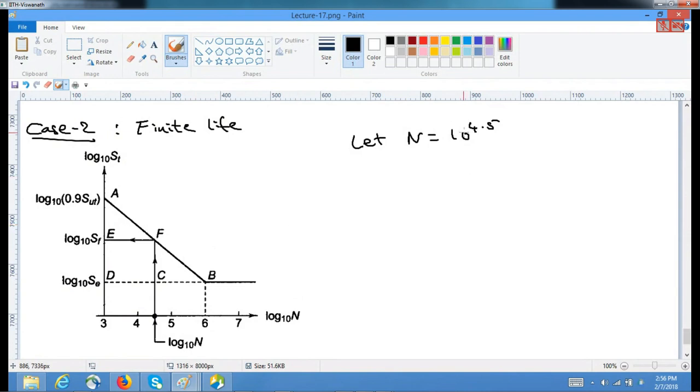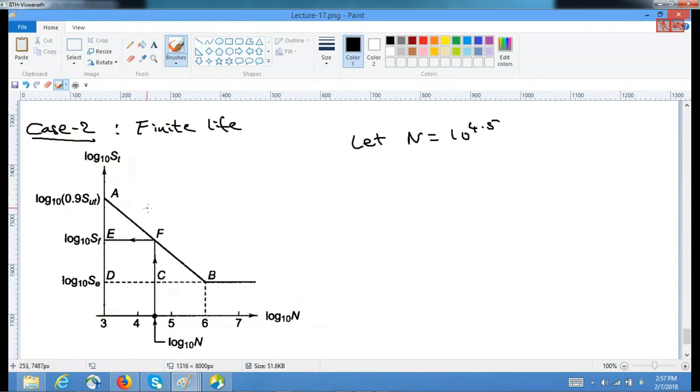So for this number of cycles I want to design it, and I need to find out the corresponding maximum stress at which I can operate.